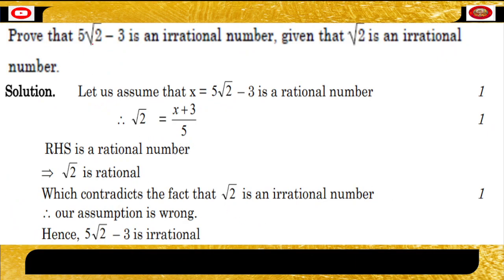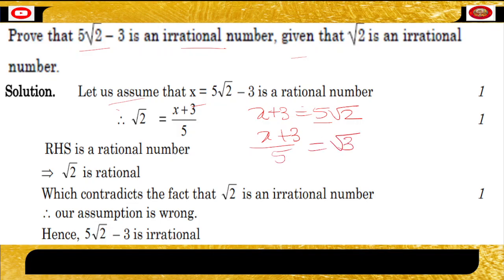The next question. Prove that 5 root 2 minus 3 is an irrational number, given that root 2 is an irrational number. Let us assume that x equal to 5 root 2 minus 3 is a rational number. Next, x plus 3 is equal to 5 root 2, so root 2 is equal to x plus 3 divided by 5. The RHS is a rational number.